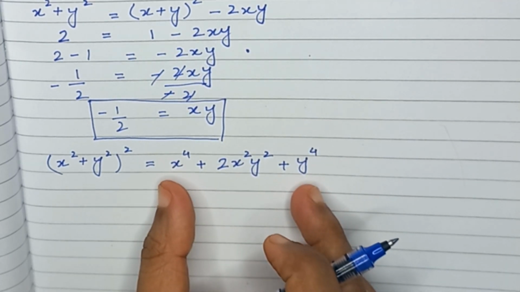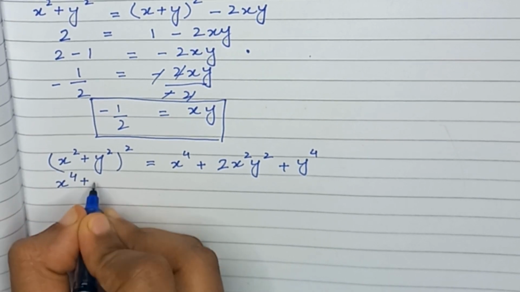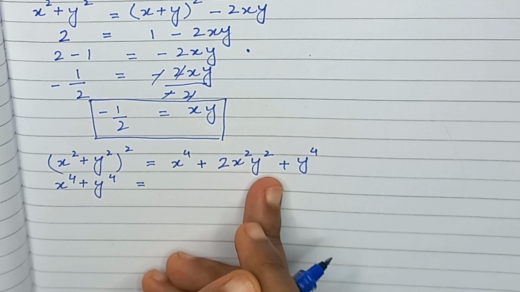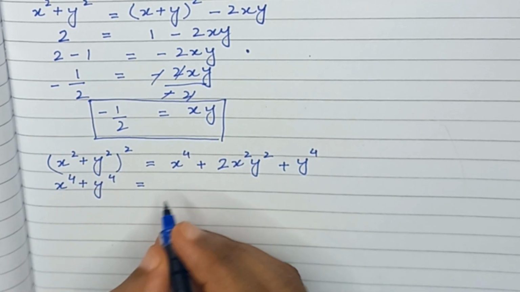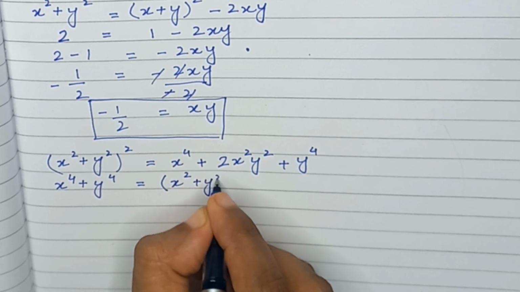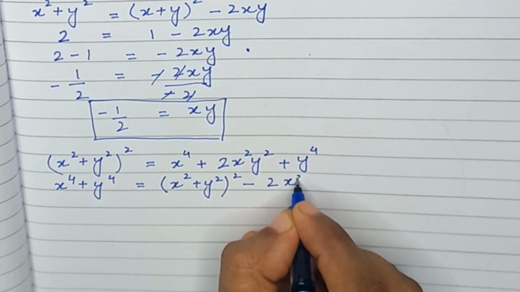Similarly, we will find x raised to the power 4 plus y raised to the power 4. It will be equal to x square plus y square whole square minus 2x square y square, as the 2x square y square becomes negative when we change its side.